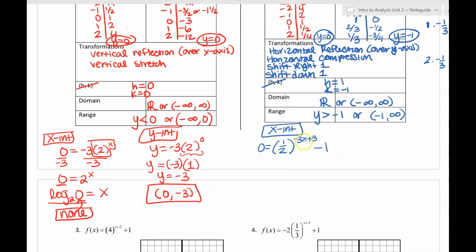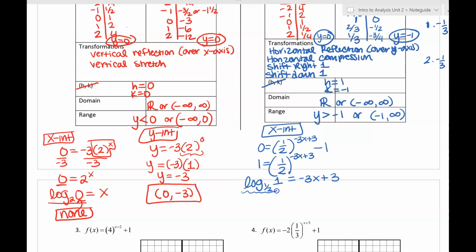So first we want to get the exponential part alone, so I'm going to add 1 to each side. And then here is where we either want to write things with the same base or rewrite in log form. If I rewrote this in log form, it would be log base 1/2 of 1 equals negative 3x plus 3.